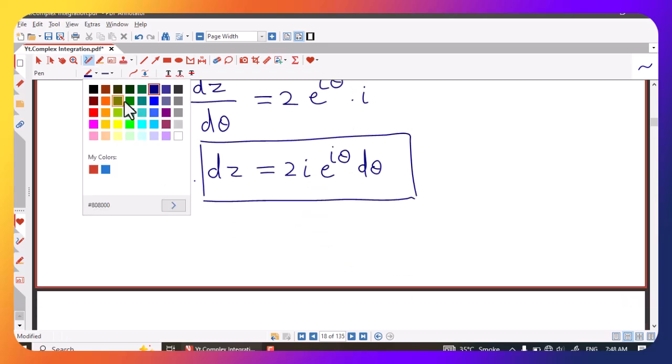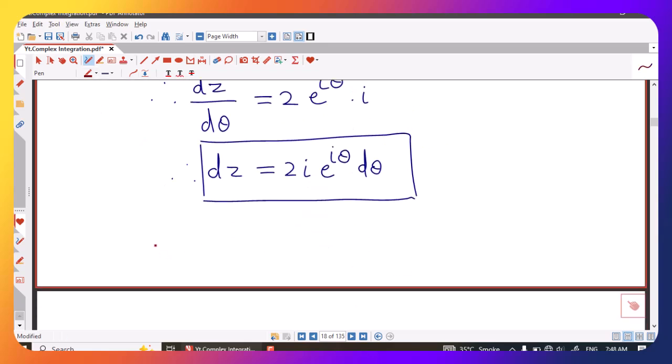Now we write the given function also. The given function is z bar. z is 2 e raised to i theta, so we replace this by its conjugate. The conjugate of 2 is 2 itself, and the conjugate of e raised to i theta is e raised to minus i theta.